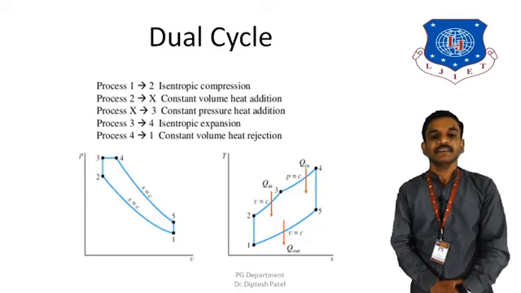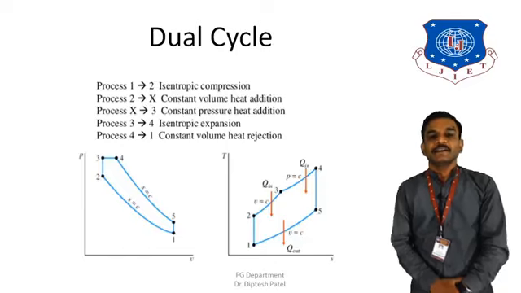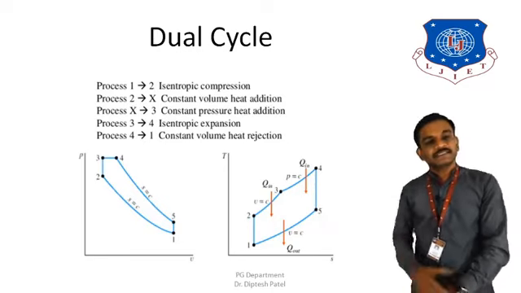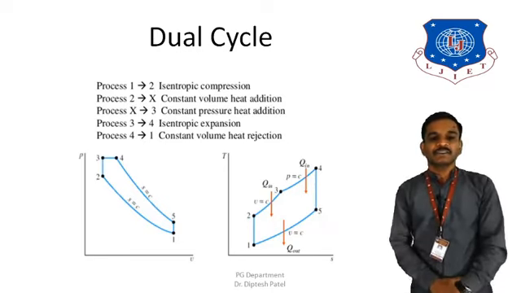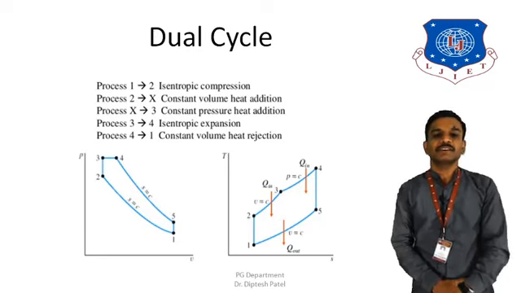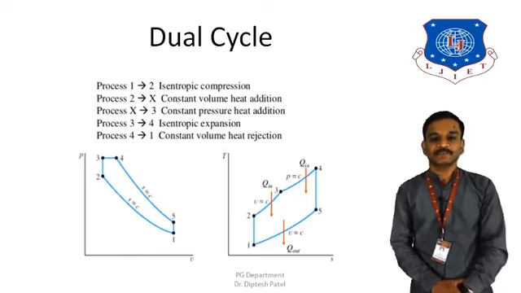At that time the volume remains constant and heat is being added. Similarly, process 3 to 4 is a constant pressure heat addition process. Here heat is being added at constant pressure. Point 4 is the peak temperature of the cycle. Then we have 4 to 5, which is the isentropic expansion process.